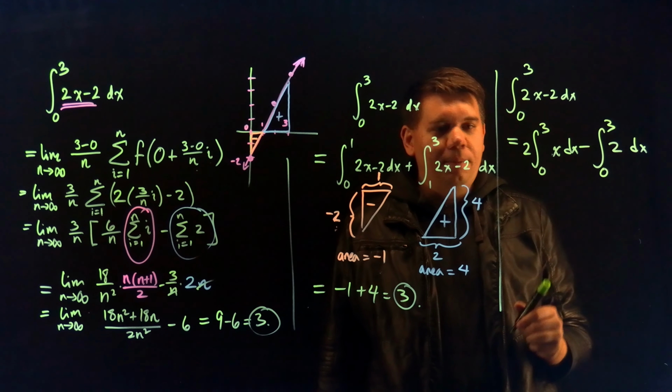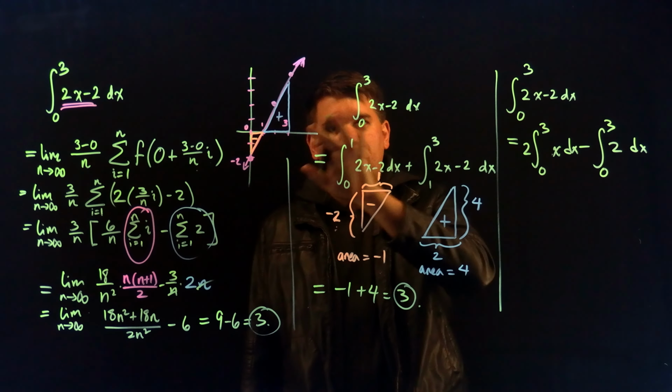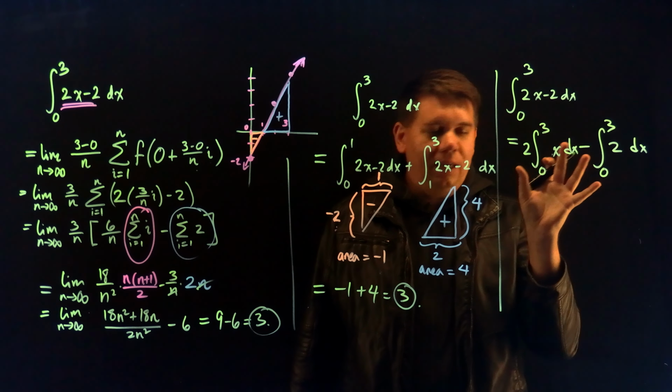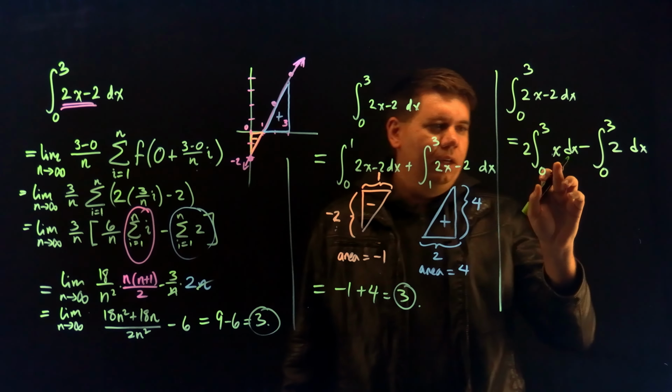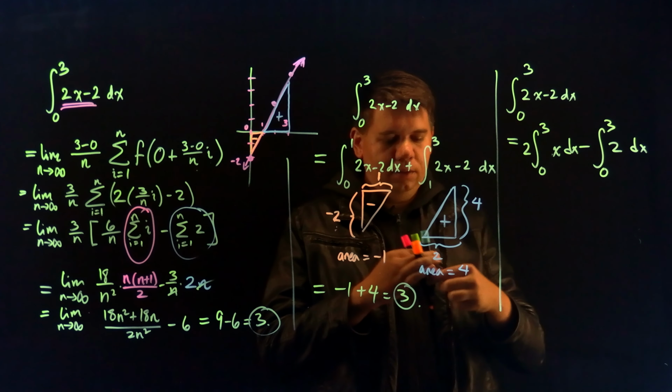Now, let's think about these functions. This function x and this function 2 are even easier functions than before. So this is going to be an even easier geometry than before. For this first piece, what does the function x look like?